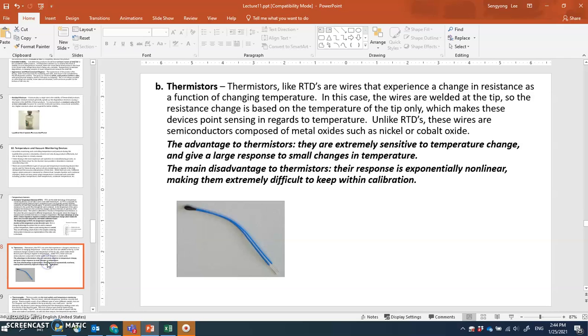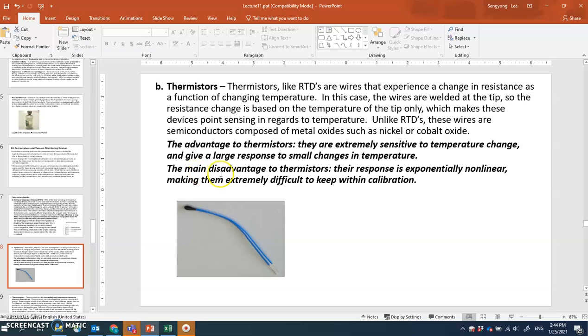Okay. Another temperature sensor is called a thermistor. It's just like RTD. It has wires. Understand, I'm not going to go into detail of the design of these sensors, but you can take a look at what different things are available. The advantage of this thermistor is it is extremely sensitive to temperature change and gives a large response to small changes in temperature.